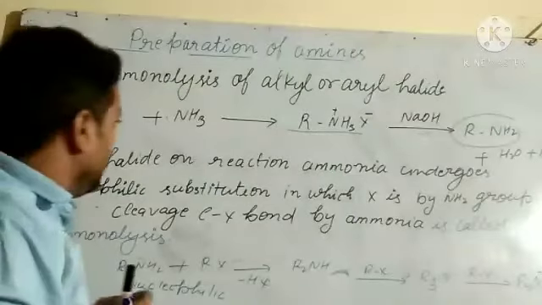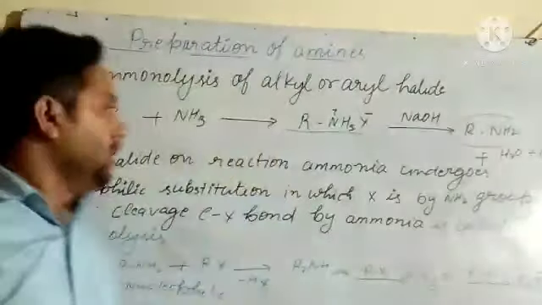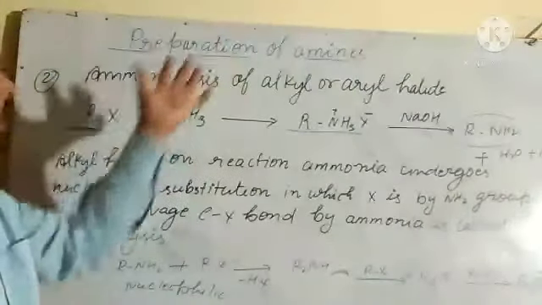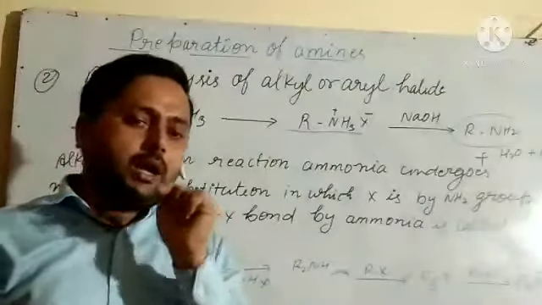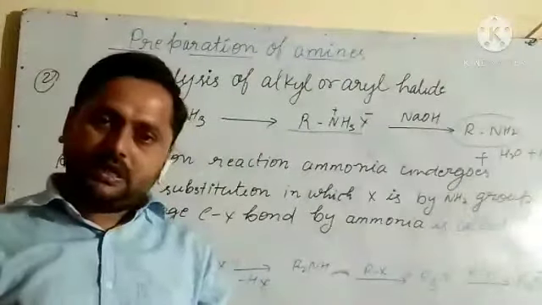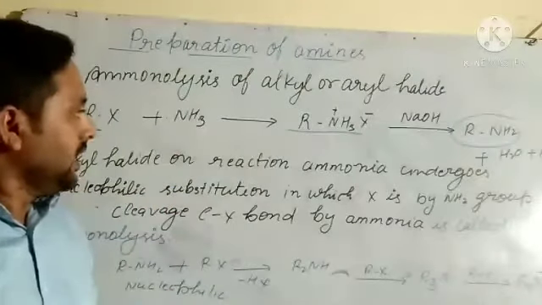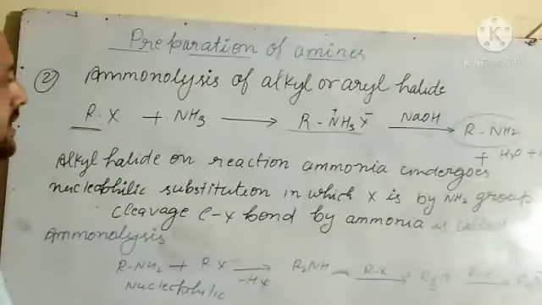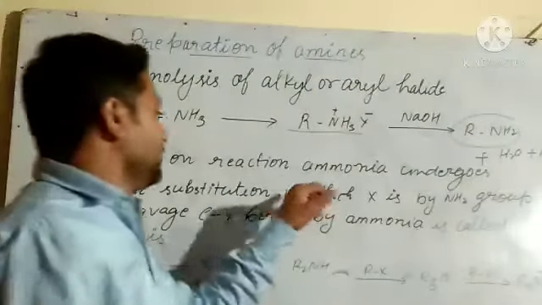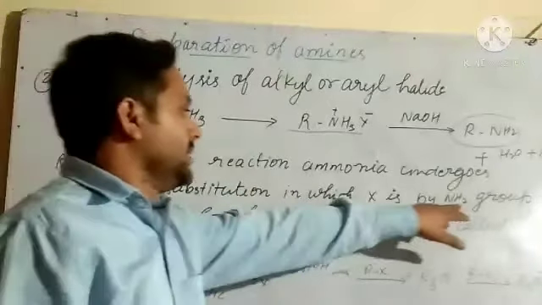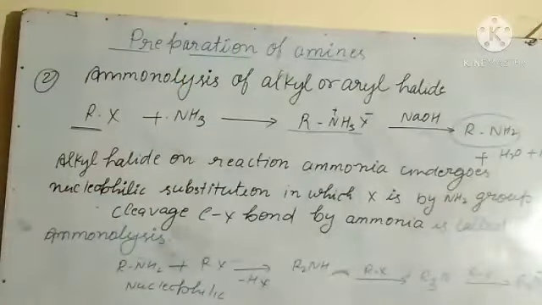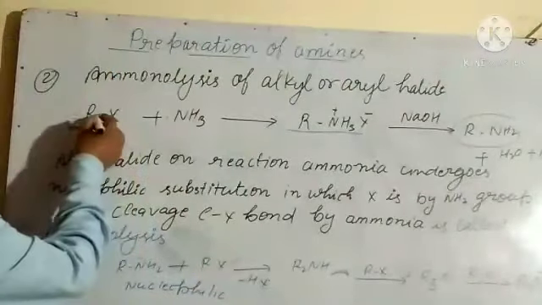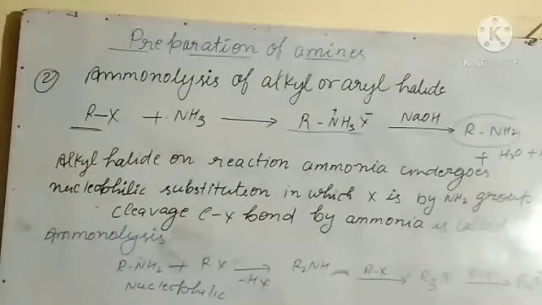So what we have seen here is that alkyl halide or aryl halide on reaction with ammonia undergoes nucleophilic substitution reaction in which NH2 group replaces X. Cleavage of the C-X bond by ammonia is called ammonolysis.